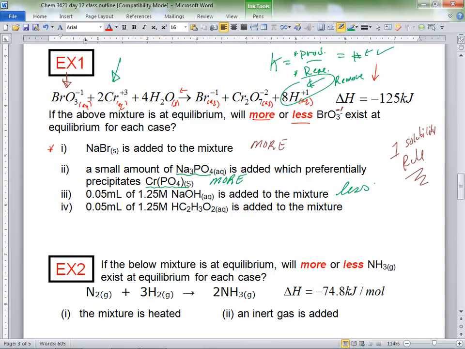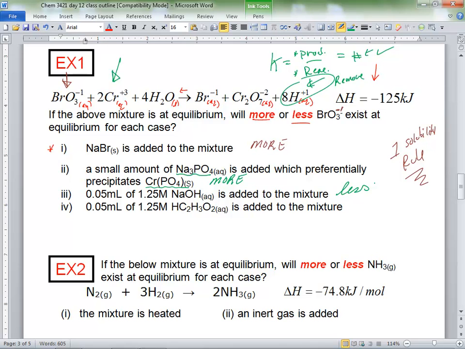One more. 0.05 milliliters of 1.25 molar. What's the name of that? What type of acid? It's vinegar. Acetic acid. Okay. Is it one of the strong acids? No. Good. You're ahead of the class if you know that. But recognize it's an acid because it's got a little H hanging out there. Okay. Not a strong acid, but it is an acid.